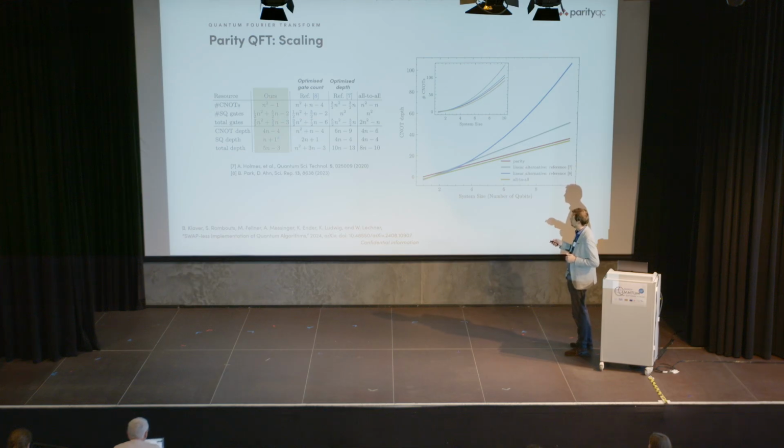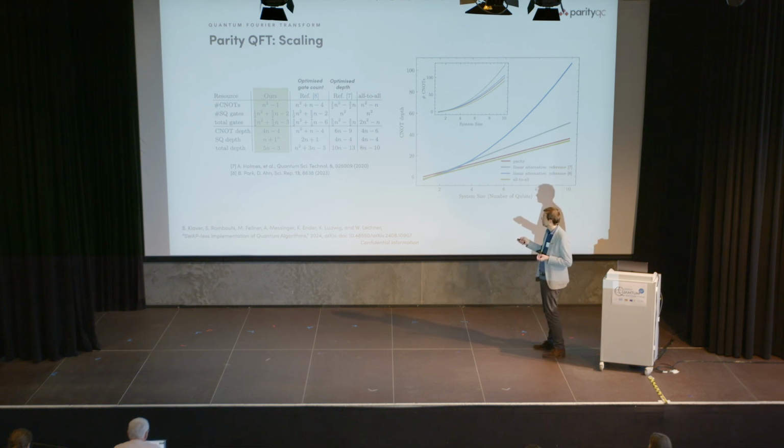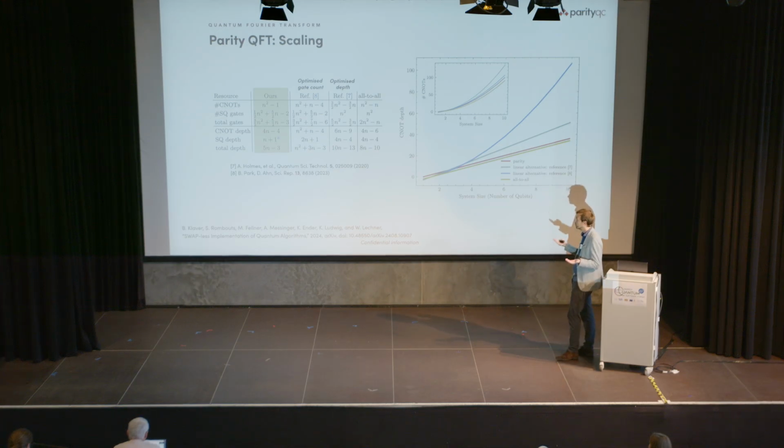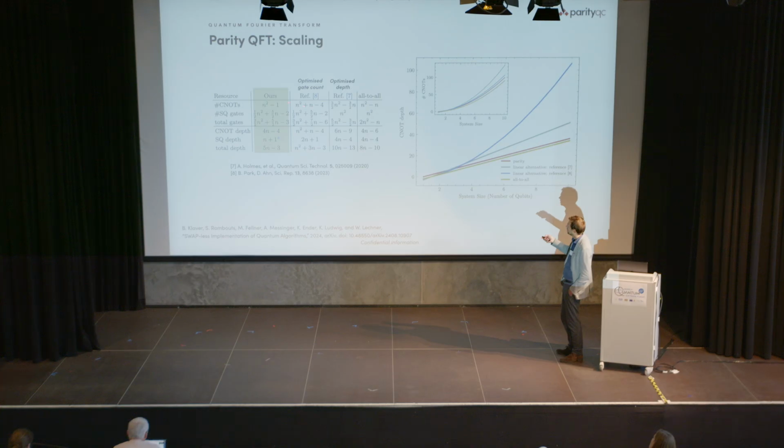The outcome of these papers was that either you can optimize for gate count or you can optimize for depth. As you can see, in this version you have fewer CNOT gates, n squared instead of 3/2 n squared, while the depth is quadratic here, while here it's linear.